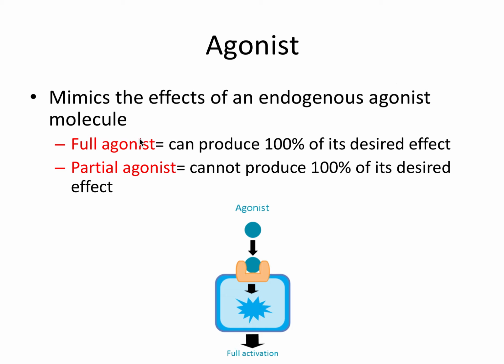A full agonist drug can produce 100% of its desired effect, whereas a partial agonist cannot produce 100% of its desired effect, only some partial capacity of whatever that effect is. This diagram is showing an agonist drug binding to a receptor or a protein of some sort, and it's inducing a reaction, producing an effect, and if it's a full agonist, we're getting full activation of that protein.